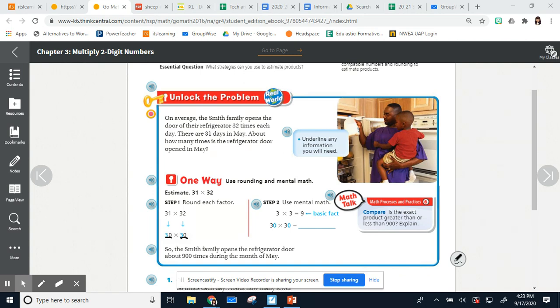And look here, we're focusing on the basic fact first, which is 3 times 3, and that is 9. Okay, and look, they highlighted how many zeros there are. There are 2. So that means the Smith family opens the refrigerator door about 900 times during the month of May. Okay, so let's look at another problem like that.